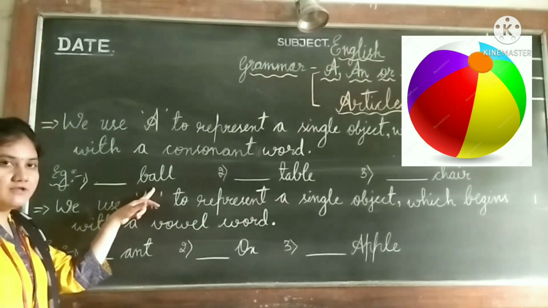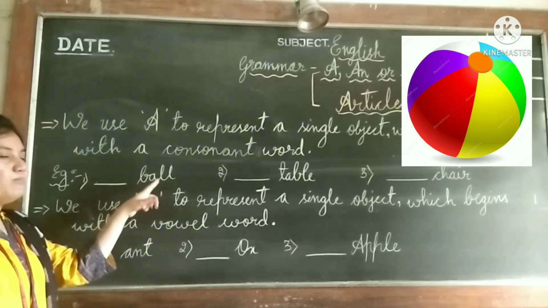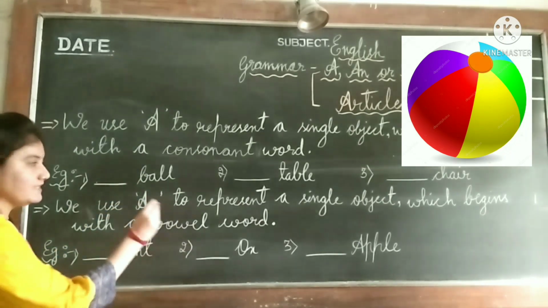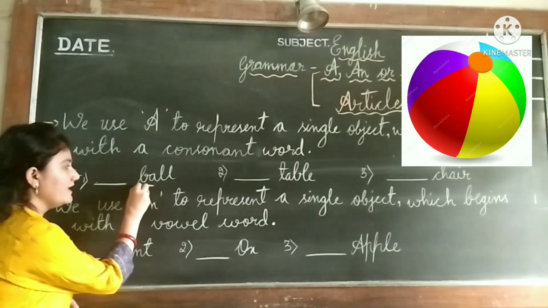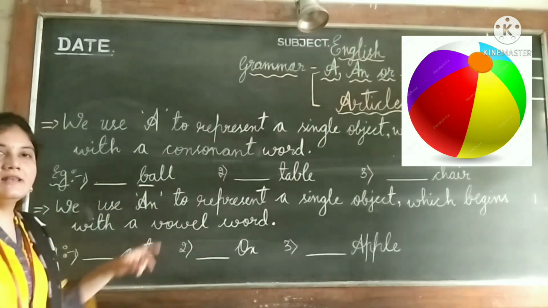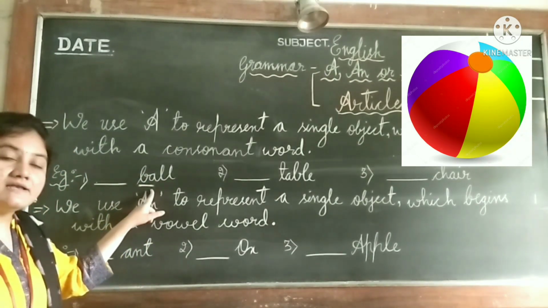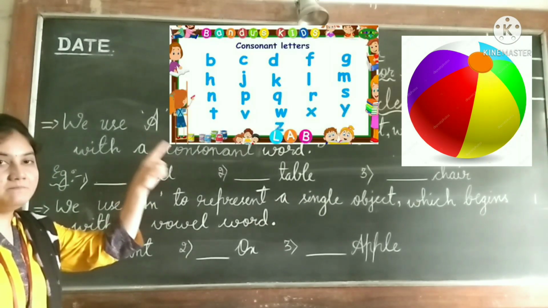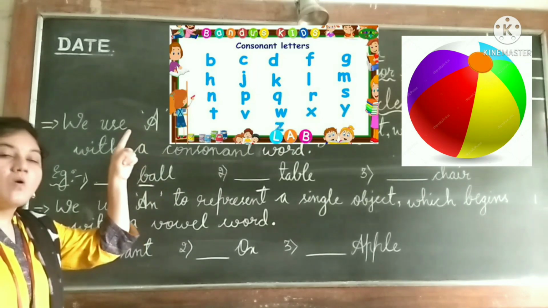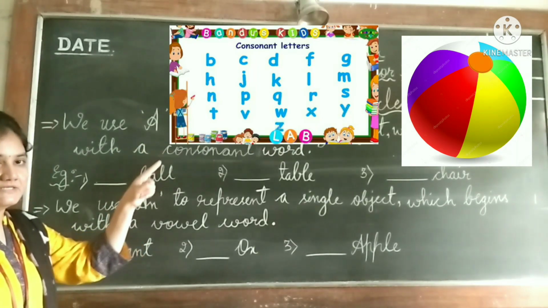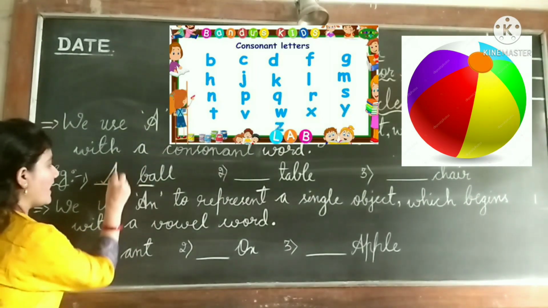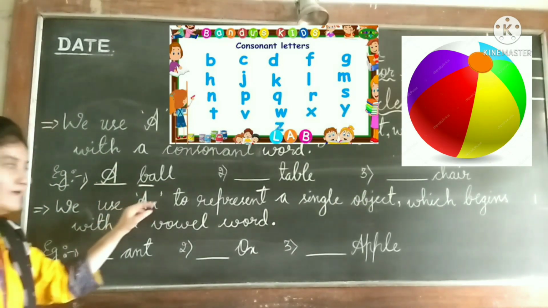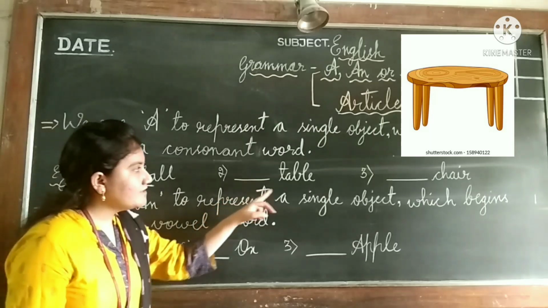The word ball starts with the letter B. Is B a vowel letter or a consonant letter? Yes, B is a consonant letter, so I'll write A ball. Next, dash table.